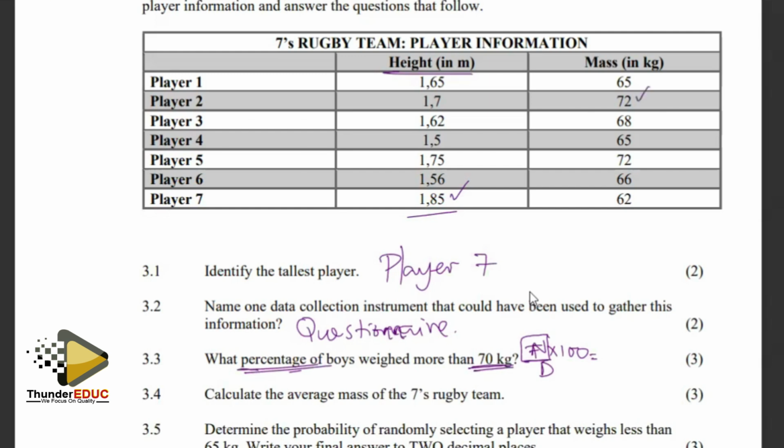We have 1, 2. Any other? No. So 2 out of how many players? 7. We multiply by 100. So it will be 2 divided by 7 times 100, and we have the answer as 28.57%.